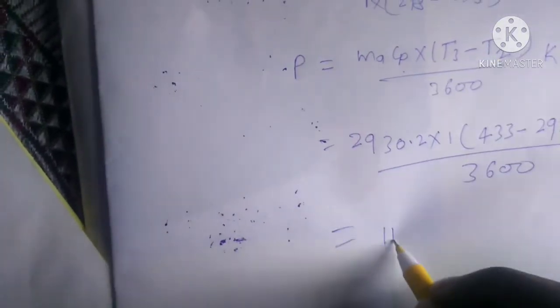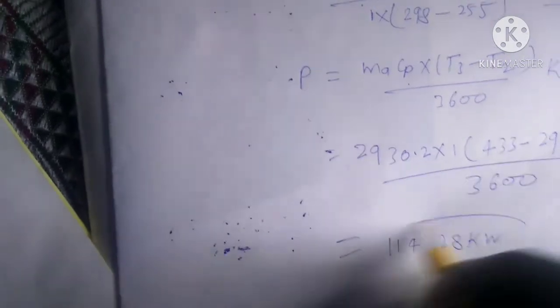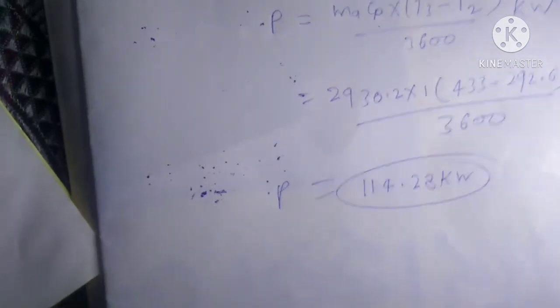After calculation you find 114.28 kilowatt. This is the power required for the cooling load in the cabin.